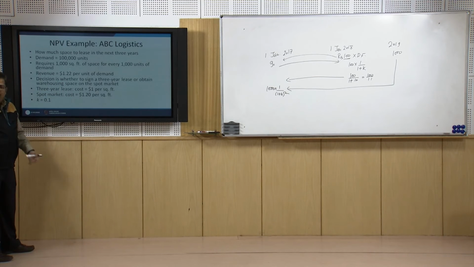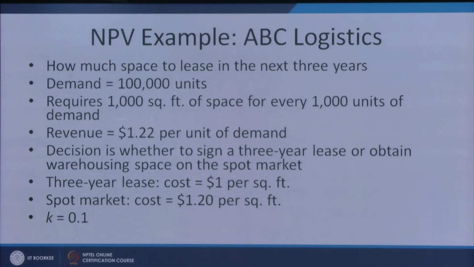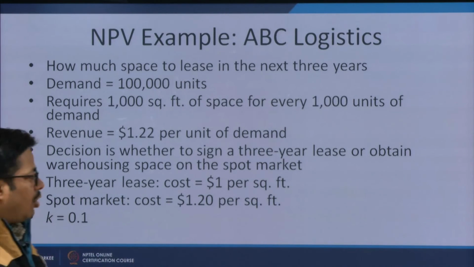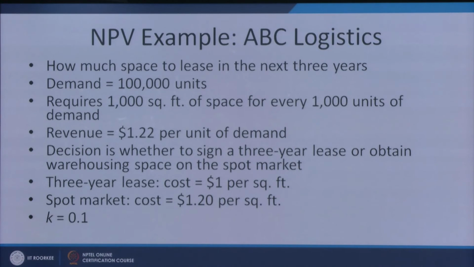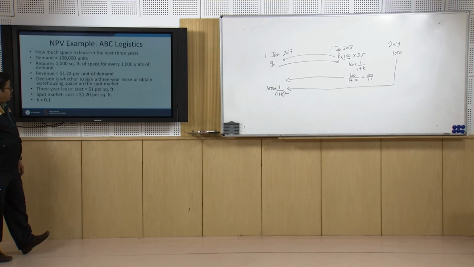Now what are the alternatives which are available? The decision is whether to sign a 3-year lease or obtain warehouse space on the spot market. The 3-year lease cost is $1 per square feet and the spot market cost is $1.20 per square feet.